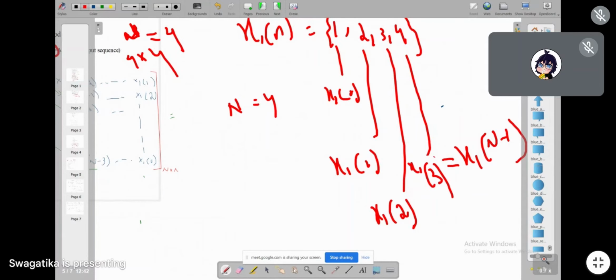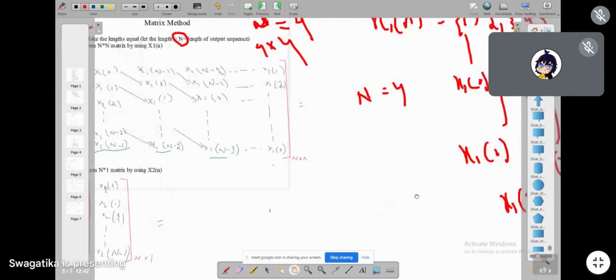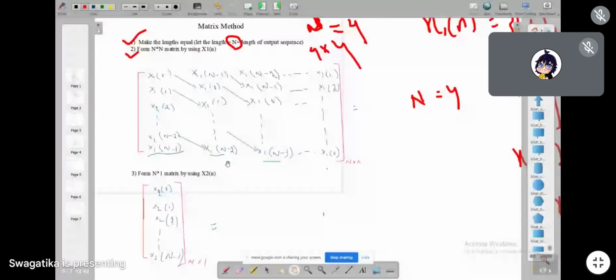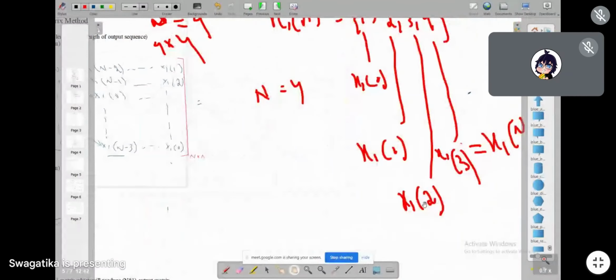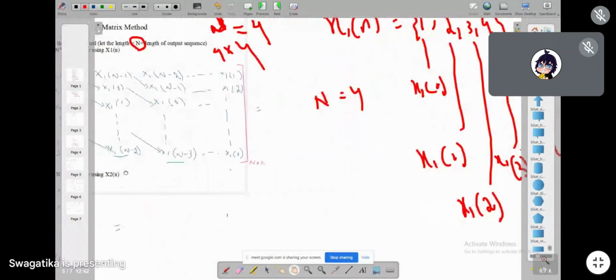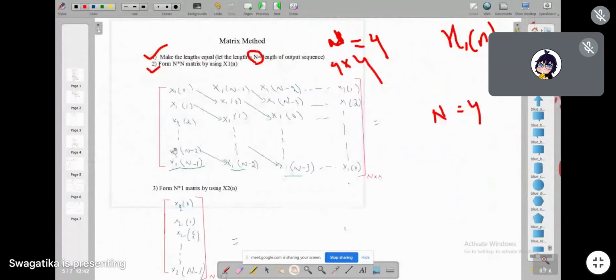The same I will write here, x1 n minus 1. Now the previous one will be x1 n minus 2, right? So first you have to arrange in the first column x1 0, x1 1, x1 2 up to x1 n minus 1.